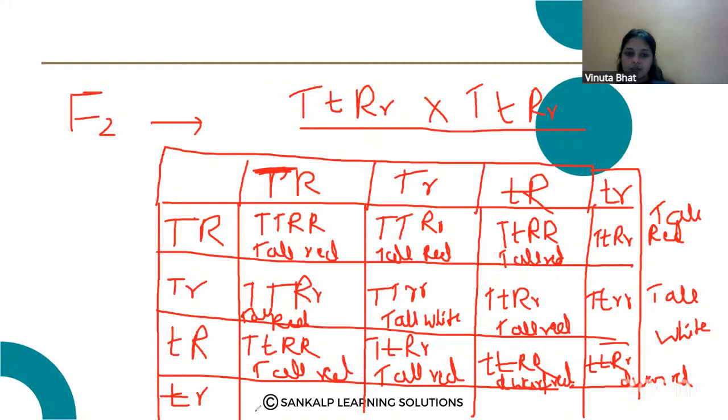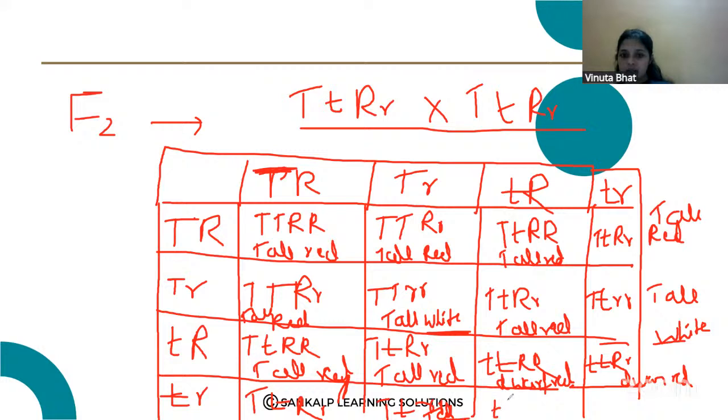Then last one here, capital T, small t, capital R, small r. This is also red color flowering tall plants. Then capital T, small t, small r, small r. This is tall but white color flowering plants. Here you can observe the tall white color flowering three plants.